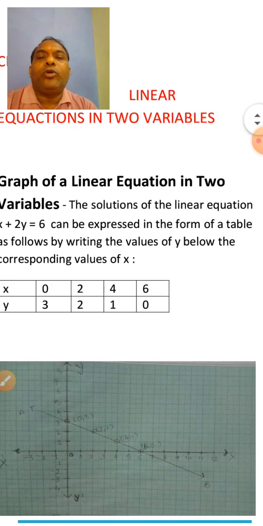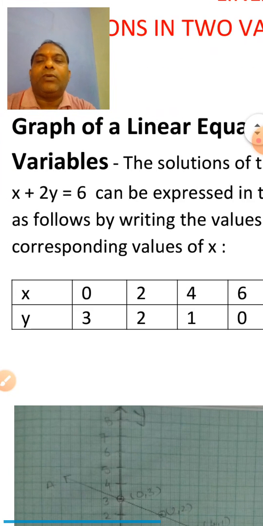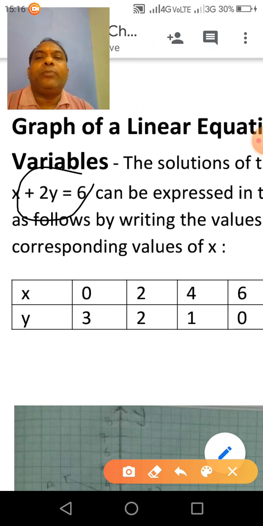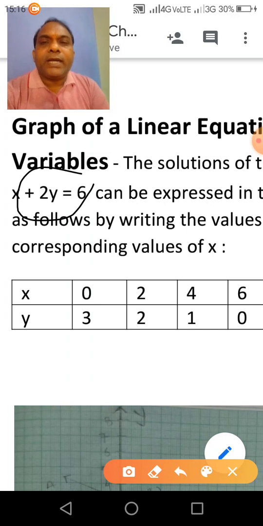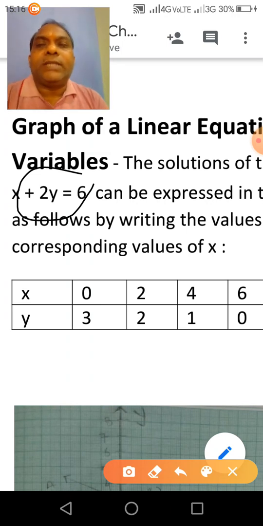Suppose we have to plot its graph. x plus 2y is equal to 6, a linear equation of two variables, and we have to plot its graph. So firstly find the value of y with the corresponding values of x. So put different values of x and then find the value of y with the help of the given equation.